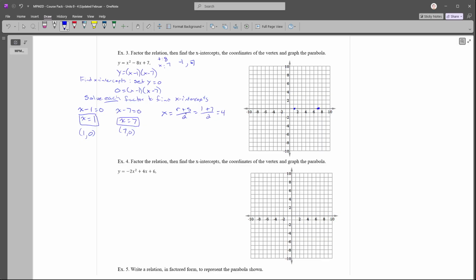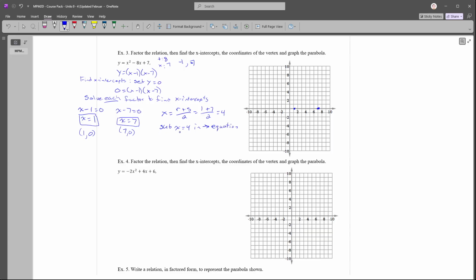So we have x is equal to 4, but we need the y component as well. So to do that, we have to sub x equals 4 into the relation, right? Into the relation. Actually, I guess at this point, into the equation. This is called an equation now.